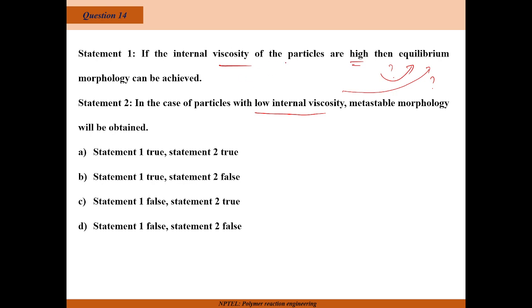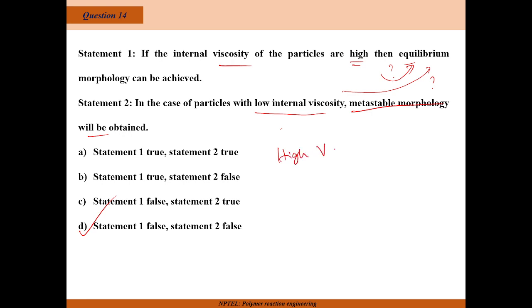The higher the internal viscosity, the more it will form a metastable morphology. I mean, the lower the internal viscosity, equilibrium morphology can be obtained. So both statements are false; it is the other way around.